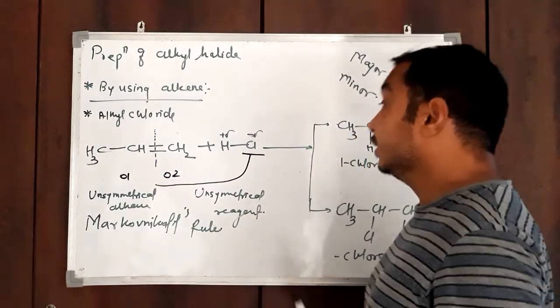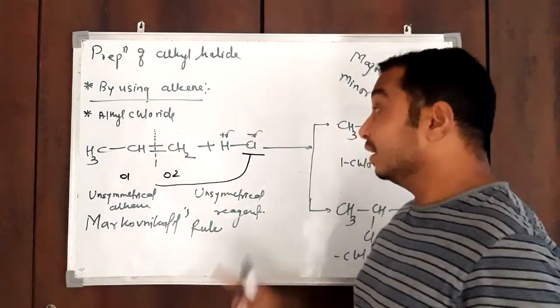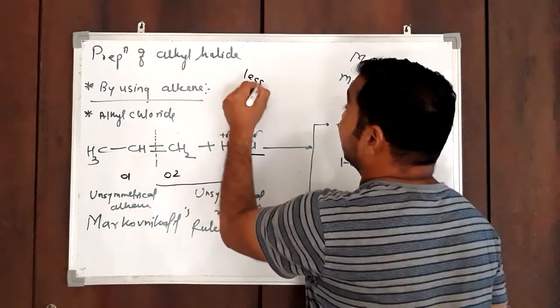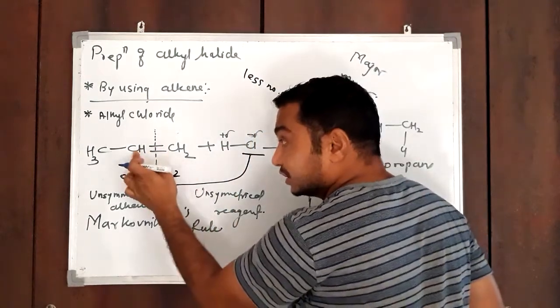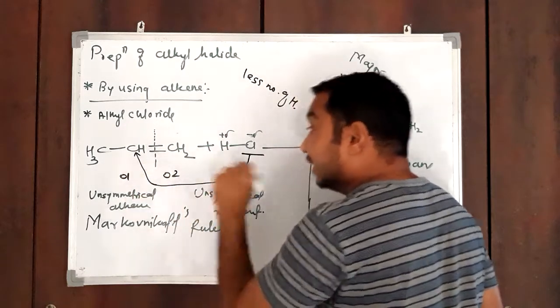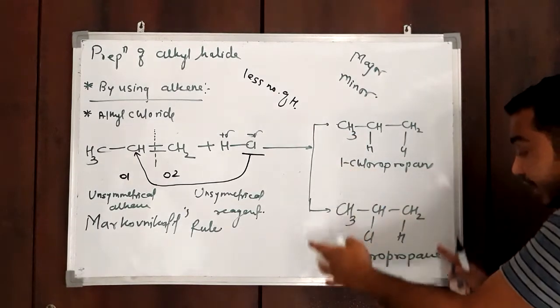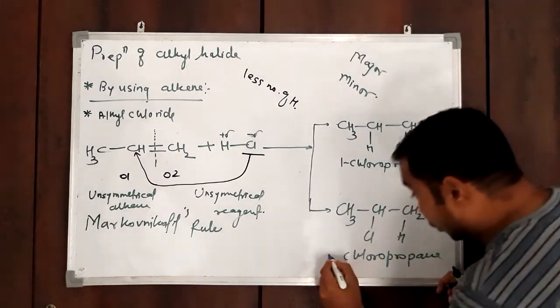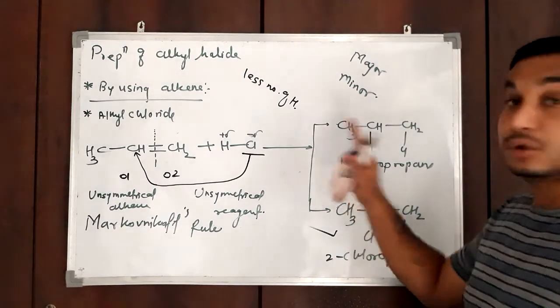According to the rule, the negative part of the reagent attaches to the carbon having fewer hydrogen atoms. So this carbon will take it and give the major product. Among one chloropropane and two chloropropane, two chloropropane is the major product because it is formed according to Markovnikov's rule.